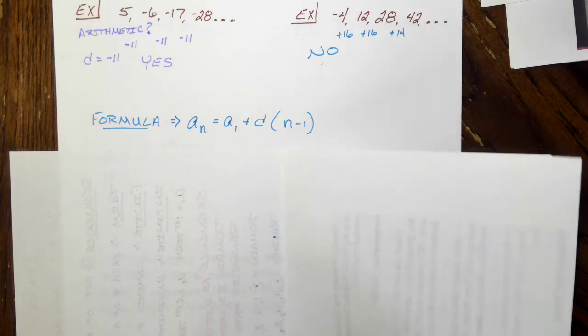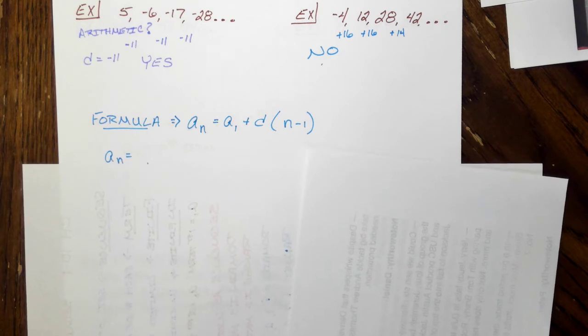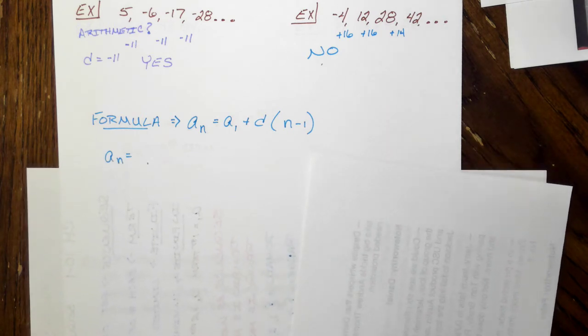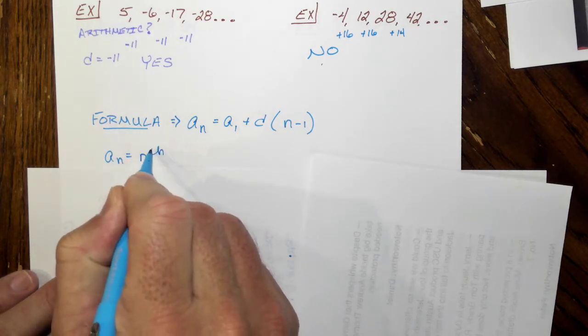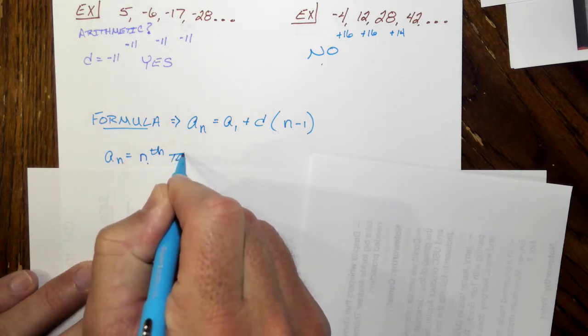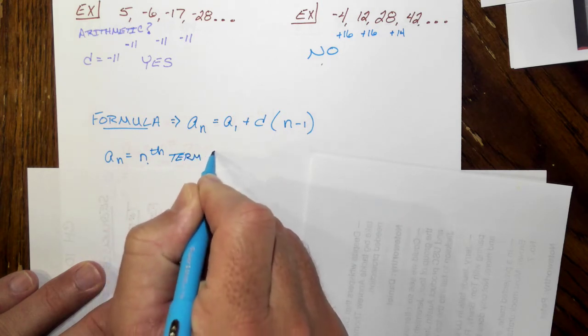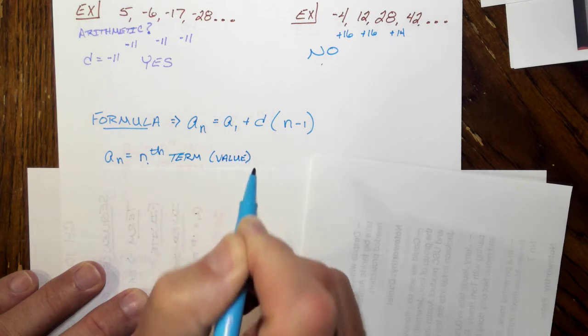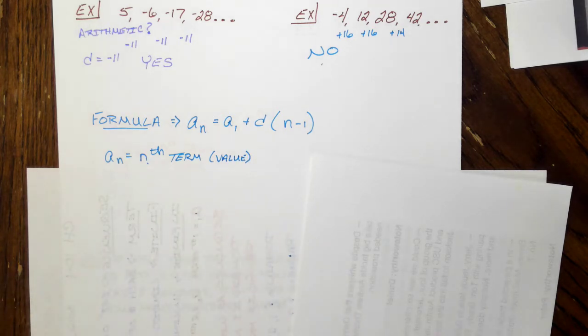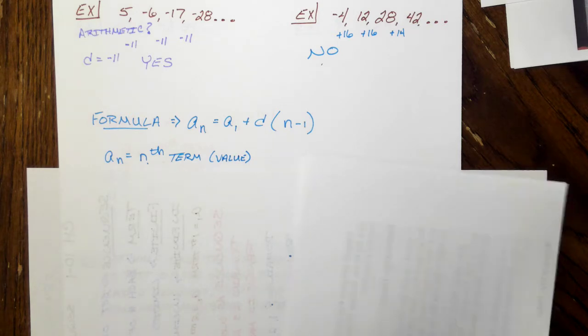So as I work on this problem, let's see. A sub n, well, that, ladies and gentlemen, will stand for the nth term, the value of it. The value of the nth term, the range, if you will.